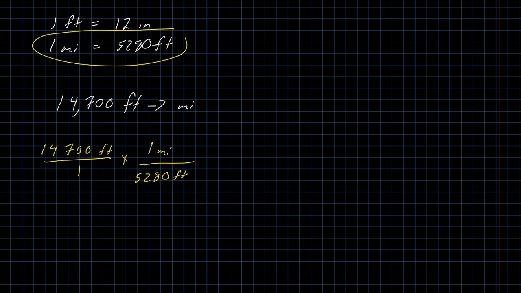I know that 1 mile is equal to 5,280 feet, which means that if I take 1 mile and divide by 5,280 feet, I get 1. And multiplying by 1 doesn't change anything. But I have carefully arranged my multiplication so that the feet will cancel out. And I realized that I need to take 14,700, divide by 5,280, and that will give me the value in miles.